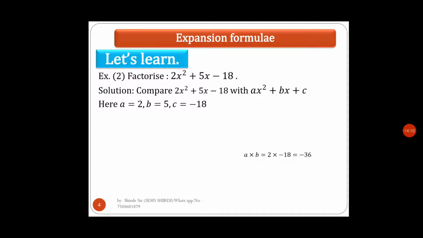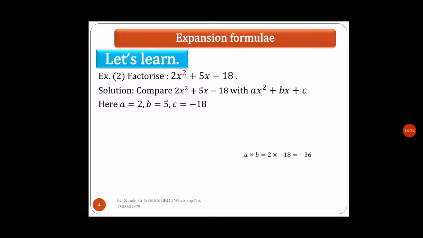Out of these factors, we choose any two whose sum is, we require the sum is 5. Now here, which are the factors? If we take the difference, we consider here the 9 and 4. The difference between them is 5.